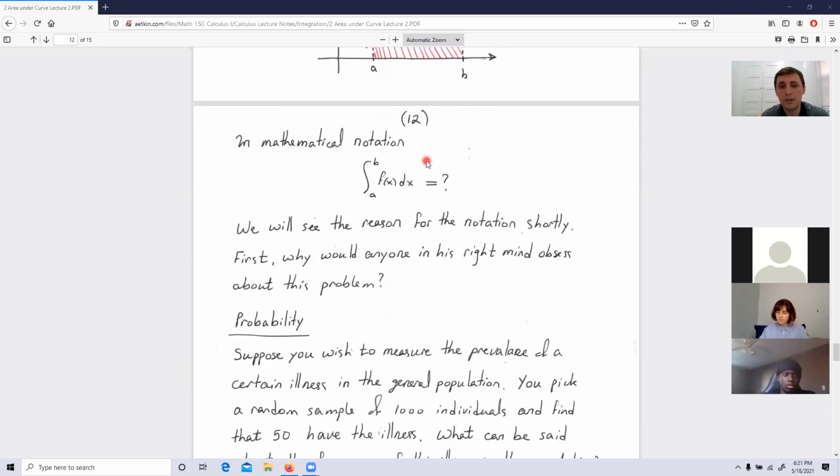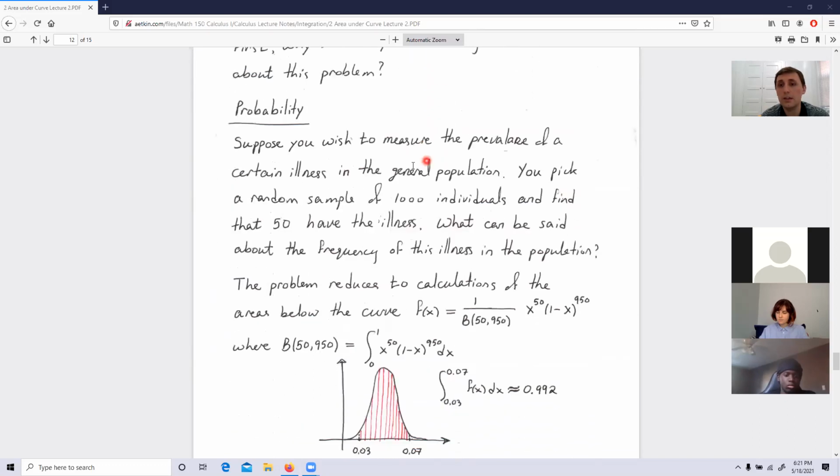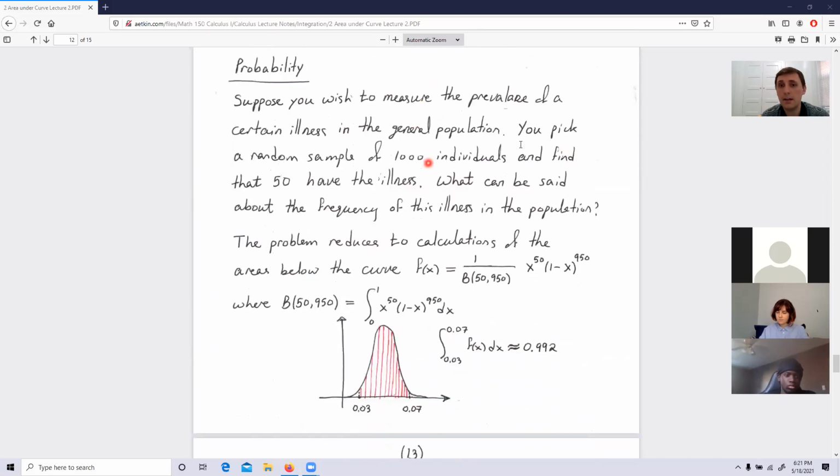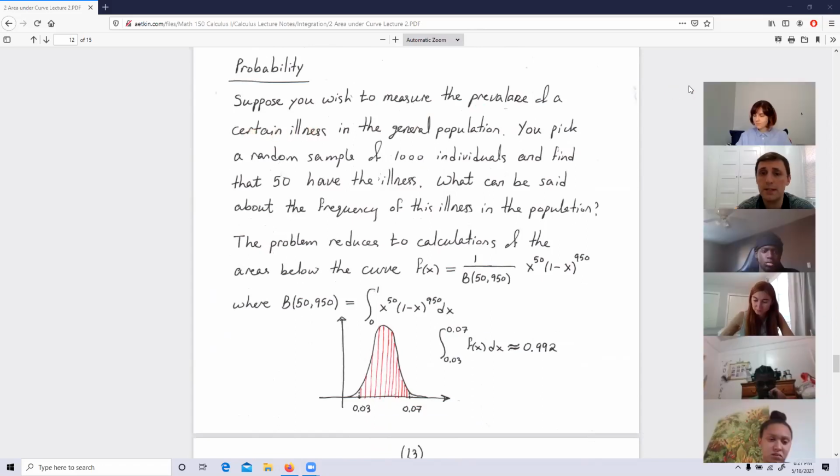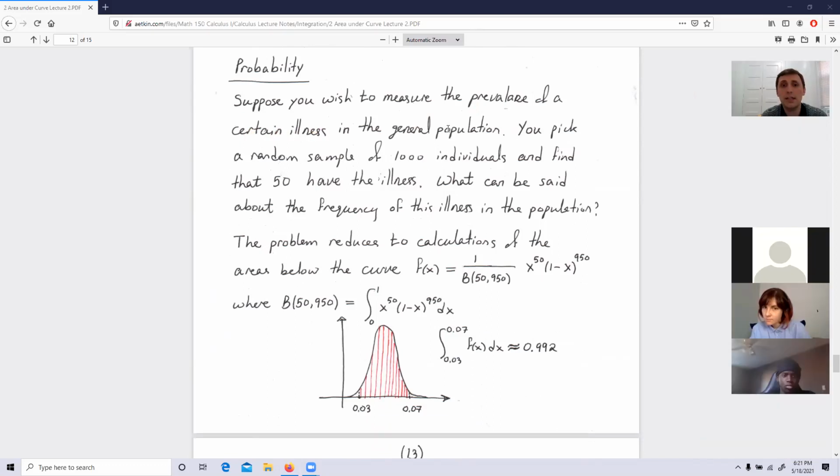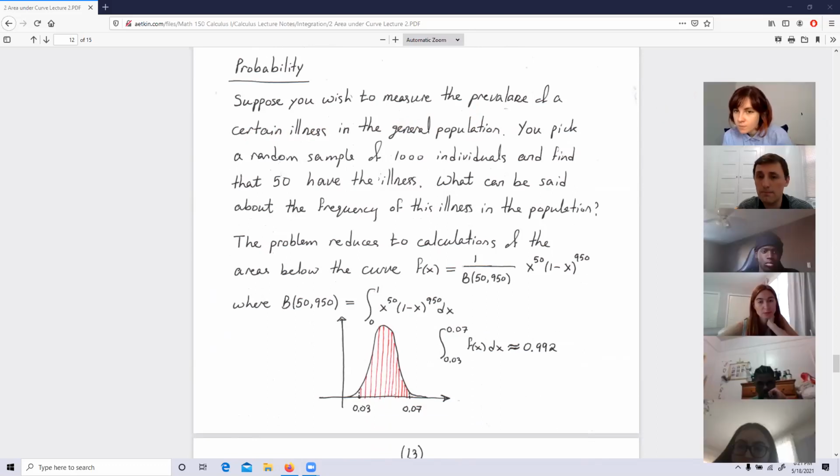Here in probability, something very interesting is, for instance, this problem if you study anything related to medicine or epidemiology or disease propagation. Imagine that you want to know the prevalence of a certain illness within the general population.